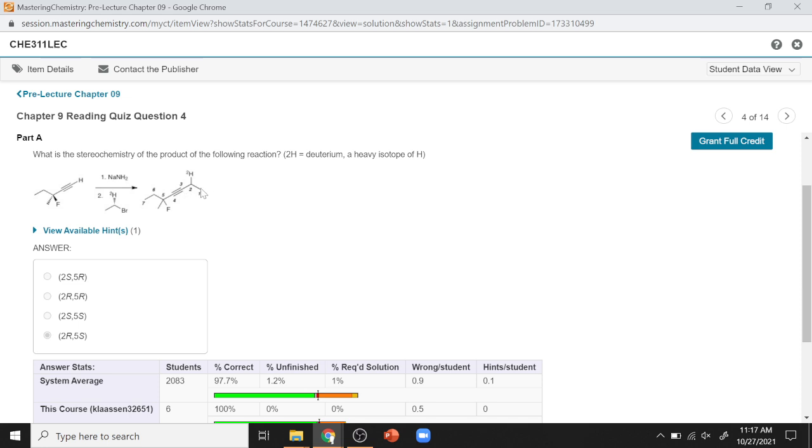Next highest priority is that, the methyl. The next highest priority is, and so that would give us S, wouldn't it? But we're doing it opposite, aren't we? We exchange the hydrogens, the heavy for the light, and we get R. Does that make sense to everybody?